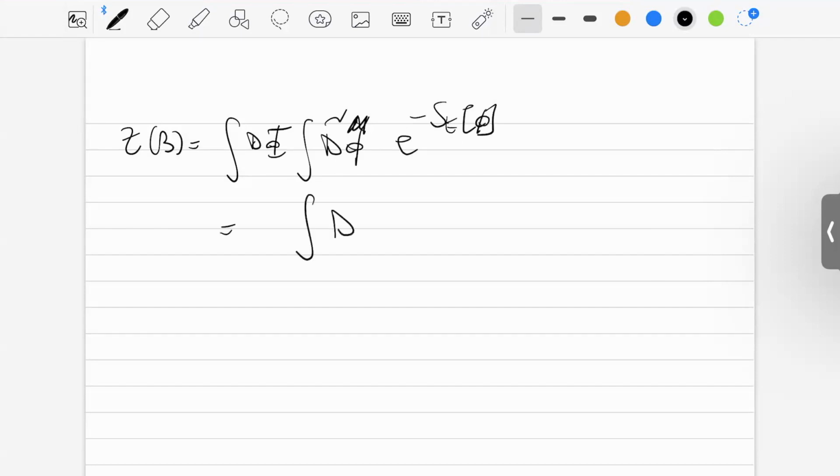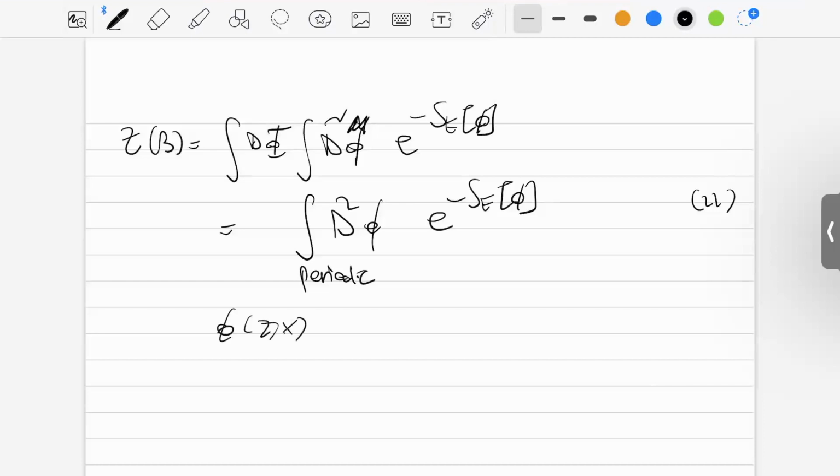And this is also an integral over phi where you have periodicity of e to the minus S_E of phi. It means that the path integral is restricted to those configurations which satisfy the periodicity condition phi of tau equal to phi of tau plus beta.